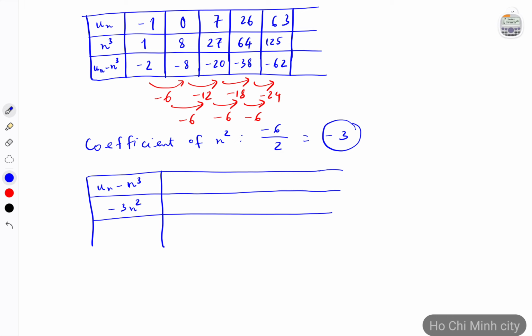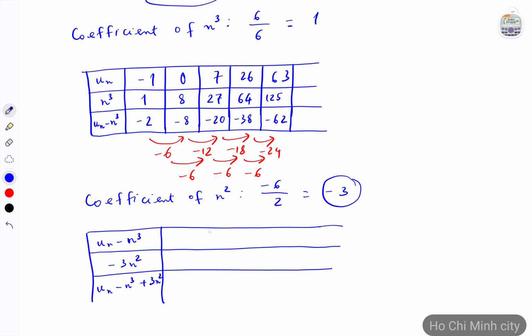And the last row would be the first row minus the second row, so un minus n cubed plus 3n squared. For the first row, that is negative 2, negative 8, negative 20, negative 38, and negative 62.